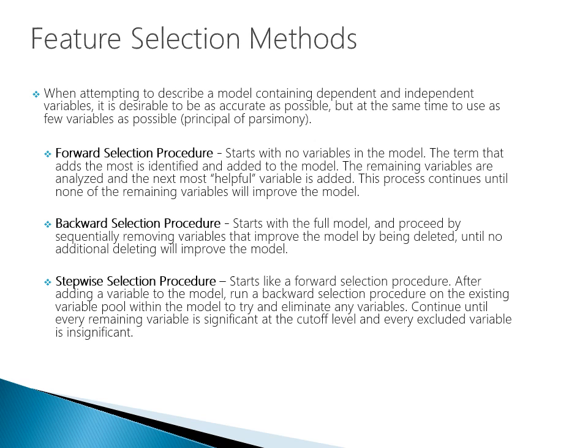It starts very much like a forward selection procedure. After adding a variable to the model, a backward selection procedure is run on the existing variable pool within the model to try to eliminate any variables. So we add one variable and then we try to remove one, and this creates the telltale distinct stepwise pattern that we're talking about.